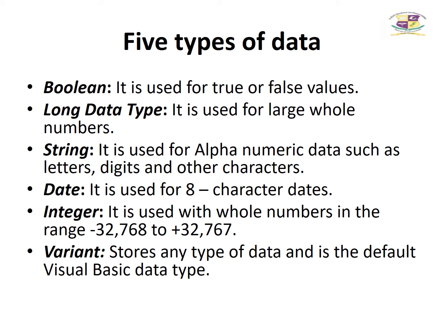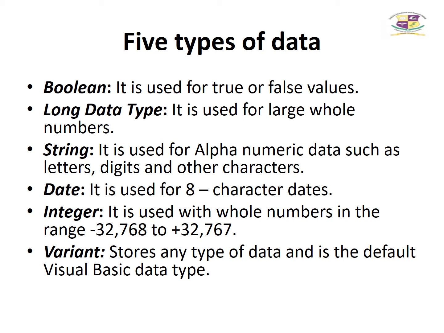Data types. The first is Boolean, which returns either true or false values. The next is the long data type, used for large whole numbers. The next is string. It is used for alphanumeric data such as letters, digits and other characters. The next is date.